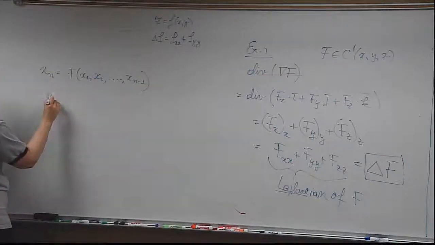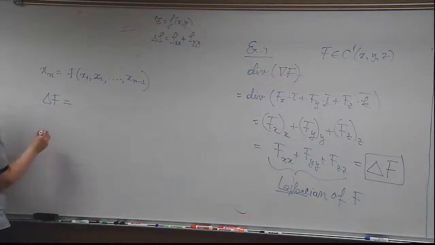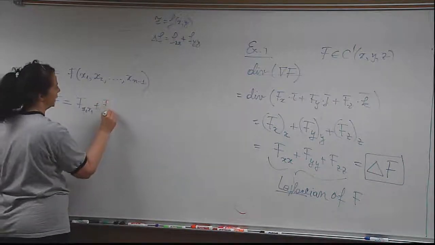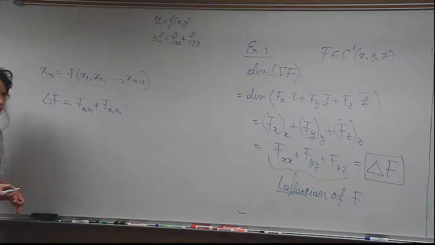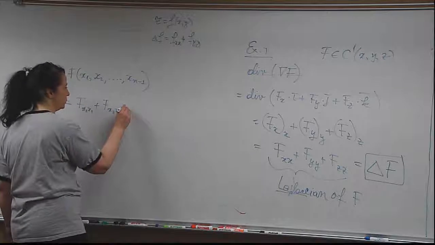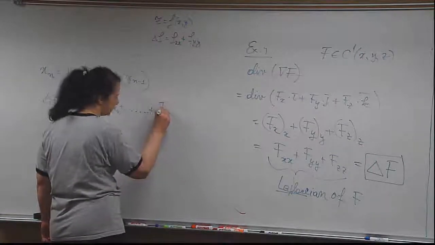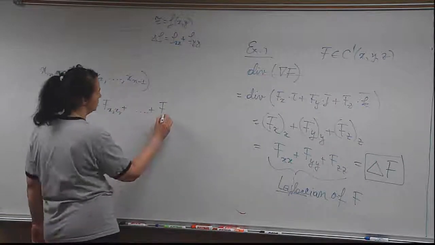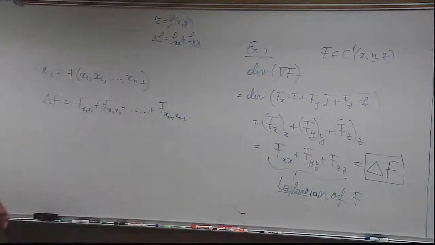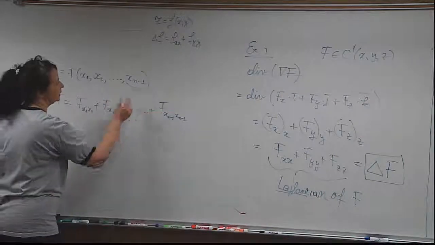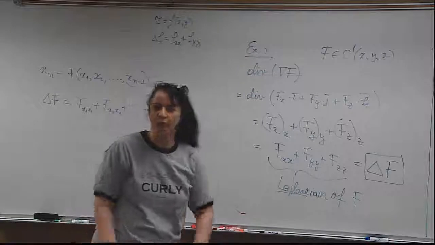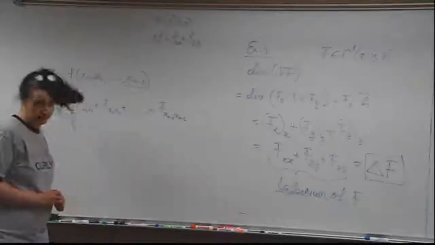Well, the Laplace operator in this case will be f sub x1 x1 plus f sub x2 x2, which means the second derivative with respect to x2, and so on, up to the last derivative, twice with respect to the same variable. And the last variable is xn minus 1. So this would be 1,000,001 variables. You can have as many variables as you want.